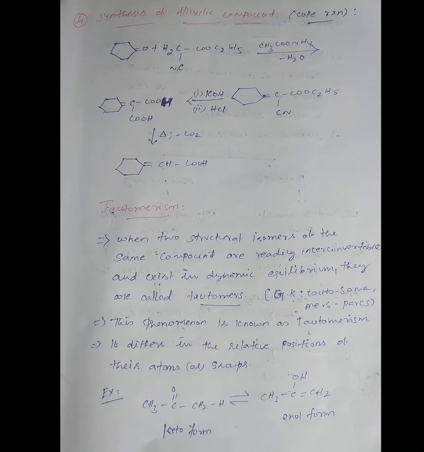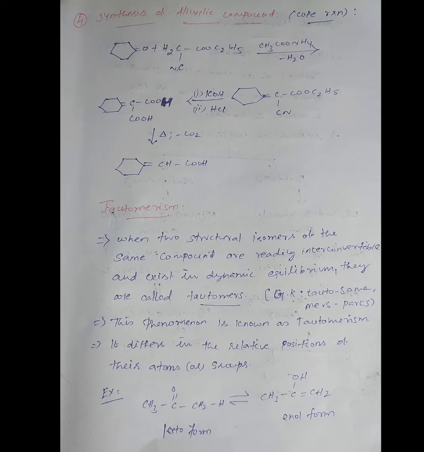One is base hydrolysis, for which we use potassium hydroxide, and the other is acid hydrolysis, for which we use HCl. During hydrolysis, the ester group is converted to acid and the cyanide group is converted to acid. When this is heated, decarboxylation occurs, and we get cyclohexane propionic acid. This is an alicyclic compound.